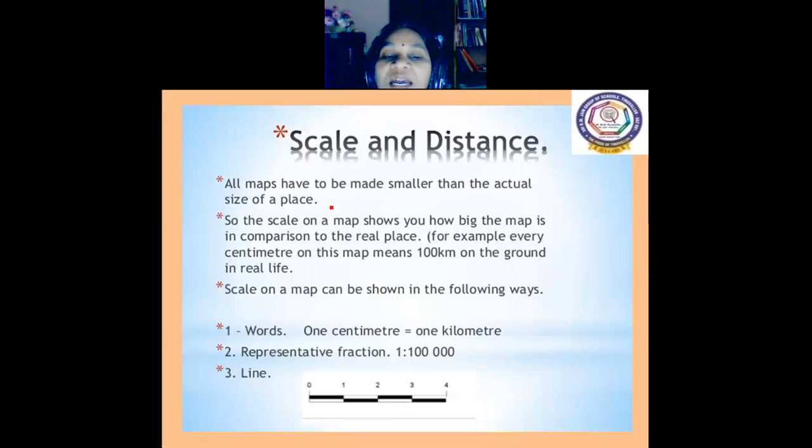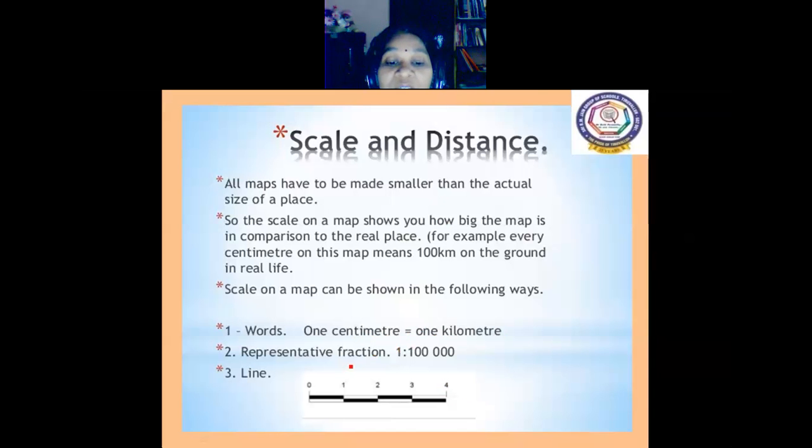So the scale on a map shows you how big the map is in comparison to the real place. Scale on a map can be shown in the following ways. See, 1 centimeter is equal to 1 kilometer. In the map, it will show 1 centimeter, but actually the distance is 1 kilometer.